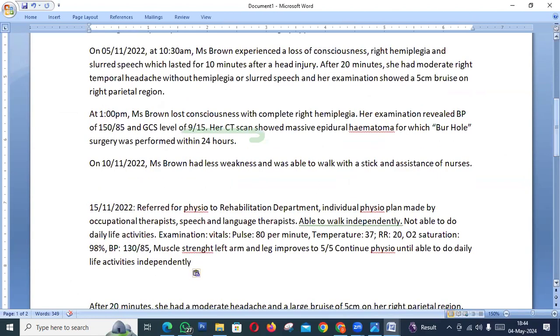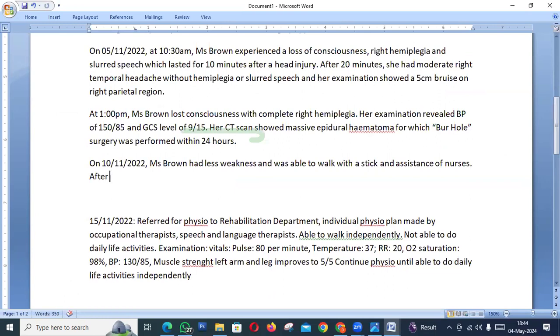Her condition has improved, sir. Yeah, that is okay. This is already mentioned. She has less weakness in these things. After 5 days, you will mention that she was referred to the rehabilitation department. You will not write physio, you will write physiotherapy. You don't need to mention the individual plan made by occupational therapists, speech and language therapists, all of these therapists.